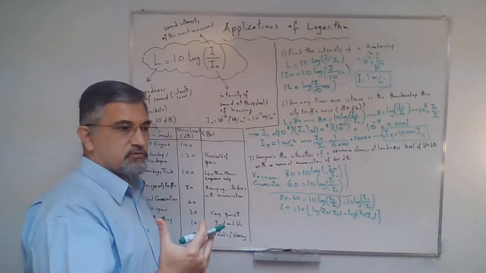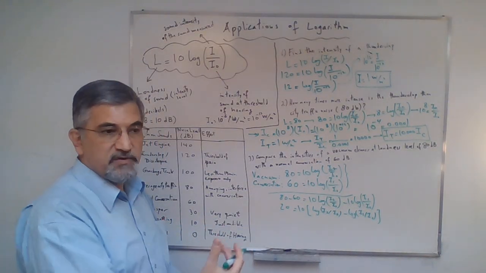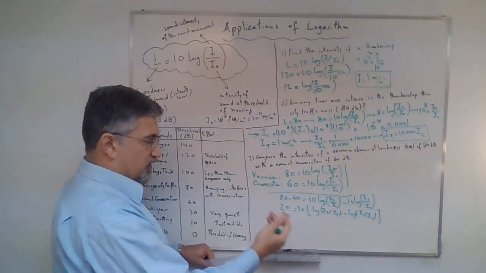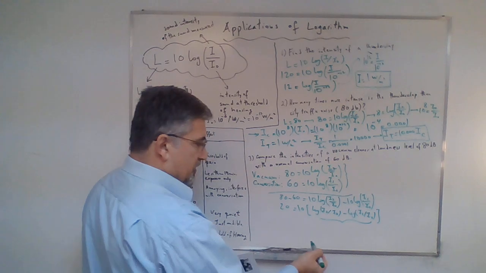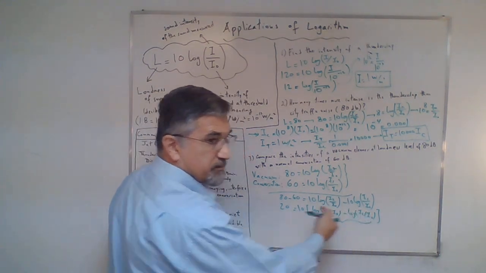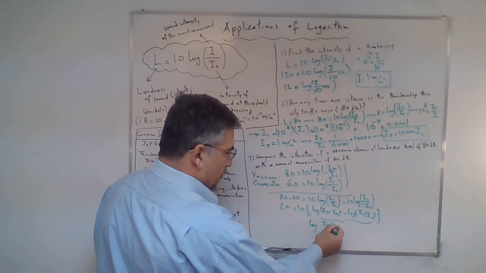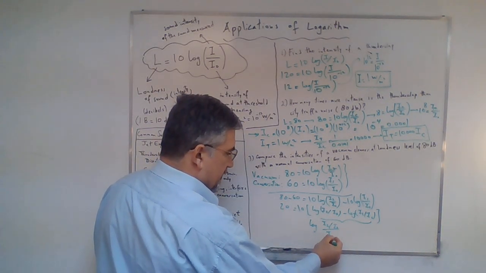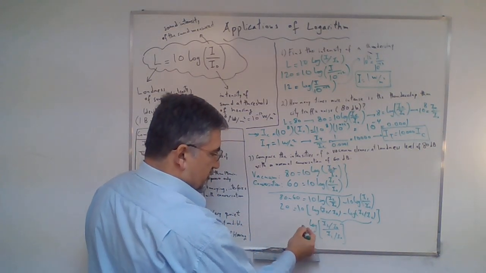And you see that all those laws of logarithm or other laws we have learned in the past in mathematics, they become very handy in doing all these calculations. So the difference between the logarithms is actually the logarithm of the quotient of the arguments of the logarithm. So this is actually log of I2 over I sub 0 divided by I1 over I sub 0. This is the log of the quotient.